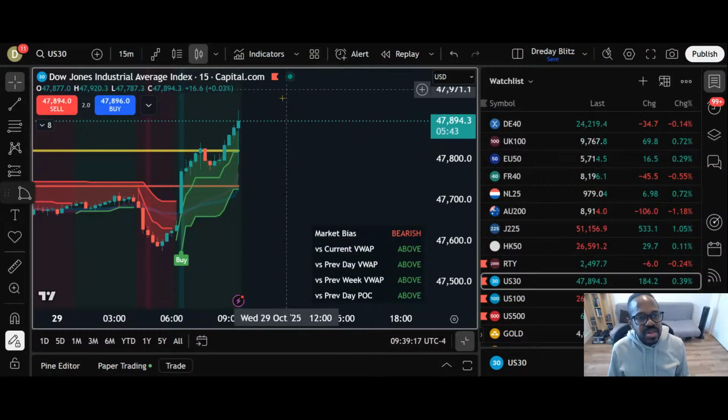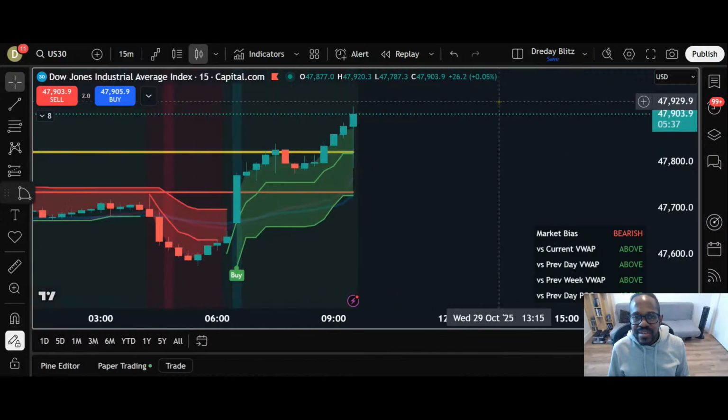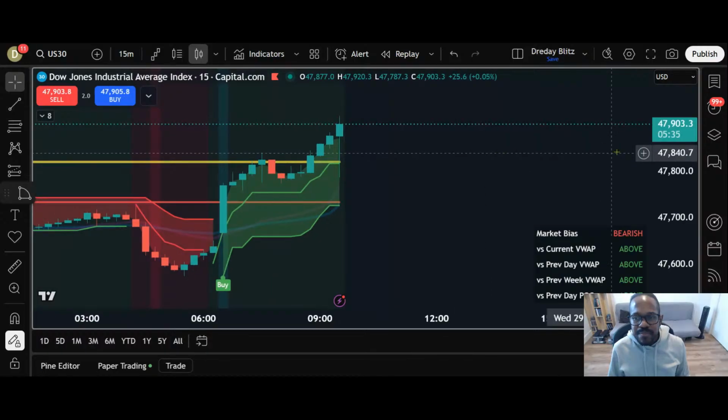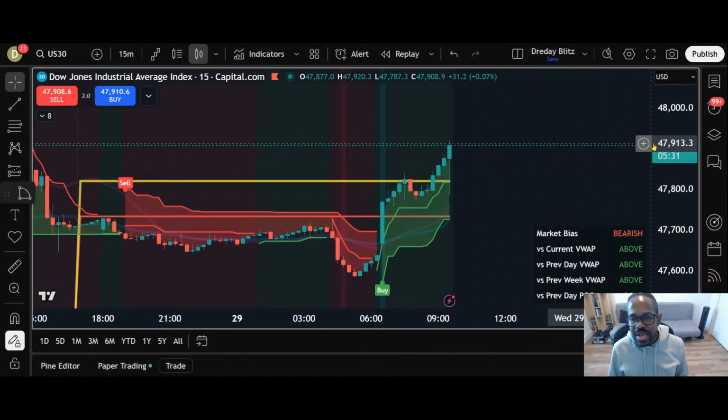So I just want to have the confirmation that it's going to do a swing high. Not a swing high, but an actual high.